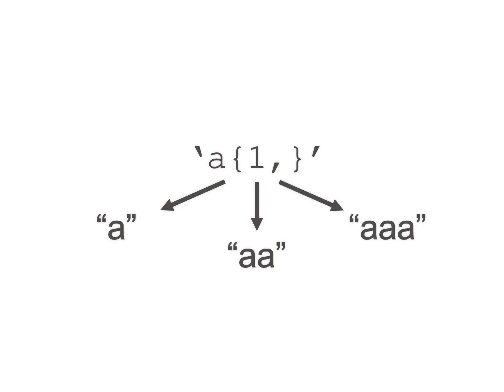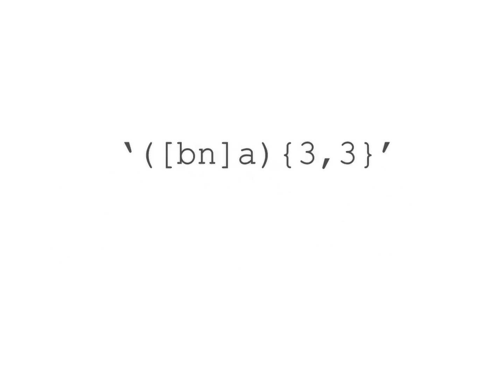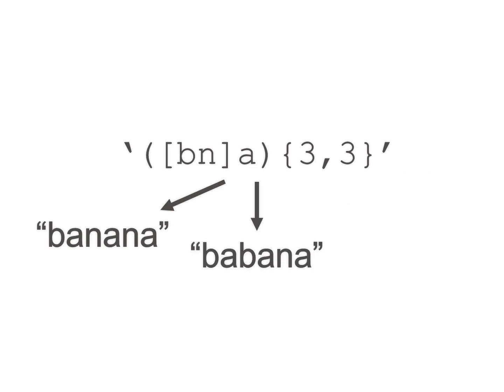For example, the pattern A repeated one or more times would match the string A, or any number of repetitions of A in the string. This pattern is a bit more complex, but it would match banana, babana, nabana, or any other string of either B or N followed by A, repeated 3 times.